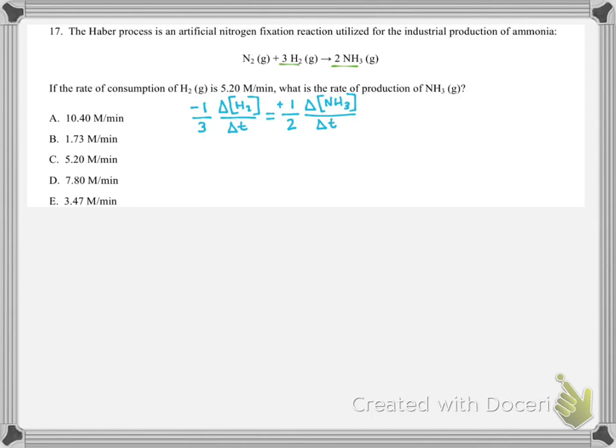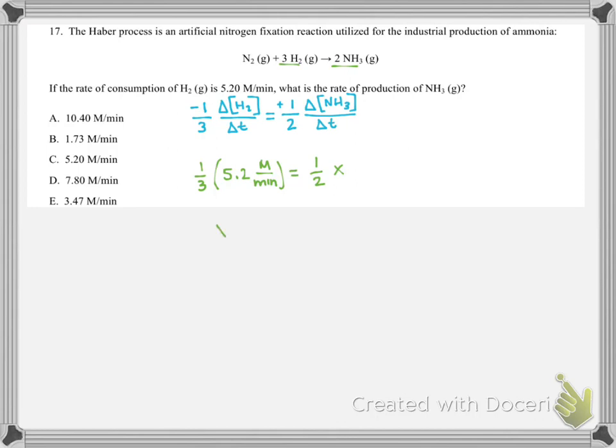And so I'm going to say 1/3 times my 5.2 molar per minute is equal to 1/2 times the rate that I'm interested in, so I'm just going to call that x. Because rates are always positive, I dropped the negative sign. I know that the H2 is going away because it's a reactant, and that ammonia is increasing in concentration because it's a product.